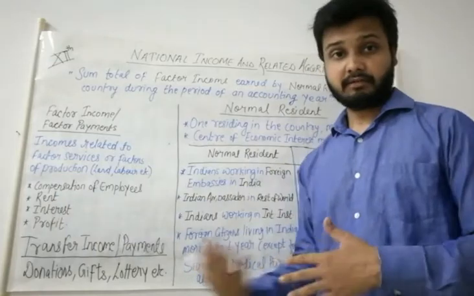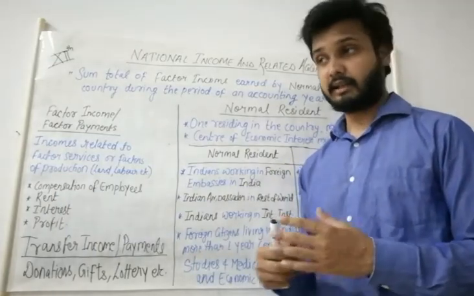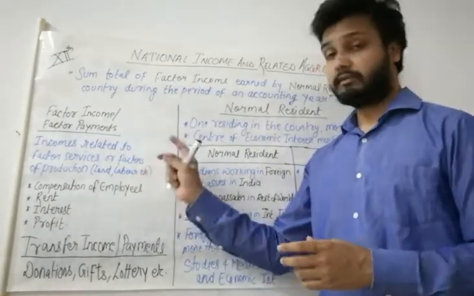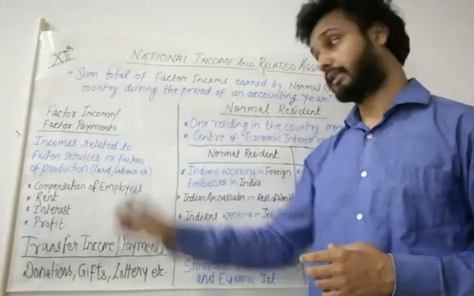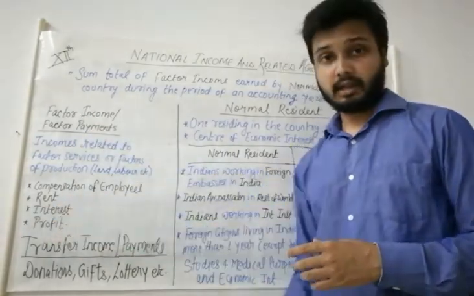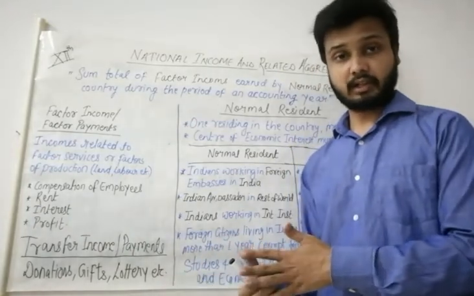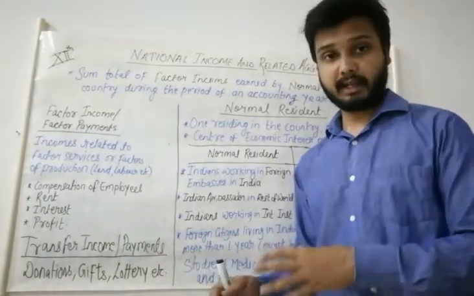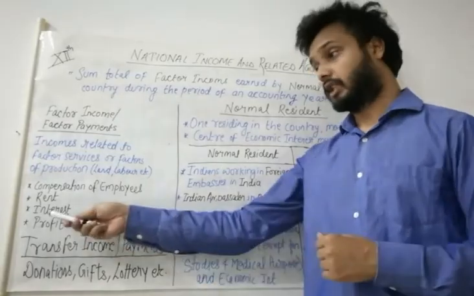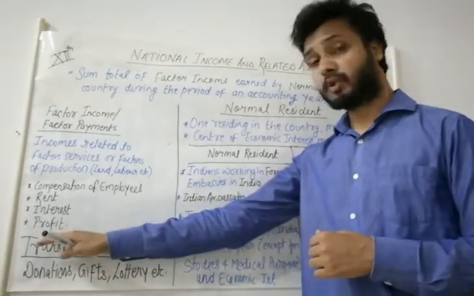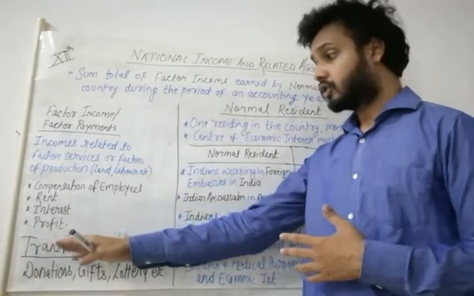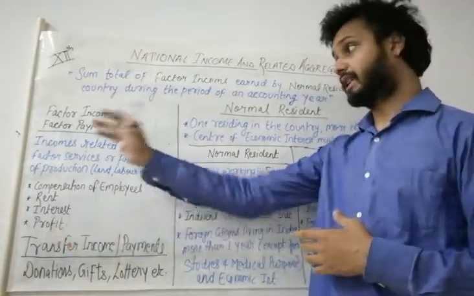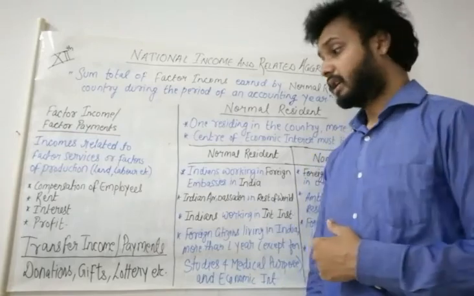Rent, if an organization has taken someone's land, it will pay rent to them and rent will be included in factor income. Interest, if capital is invested in any business, the investor will receive interest for that capital. Profit, all business enterprises work for profit, so whatever profit is there will be included in factor income.